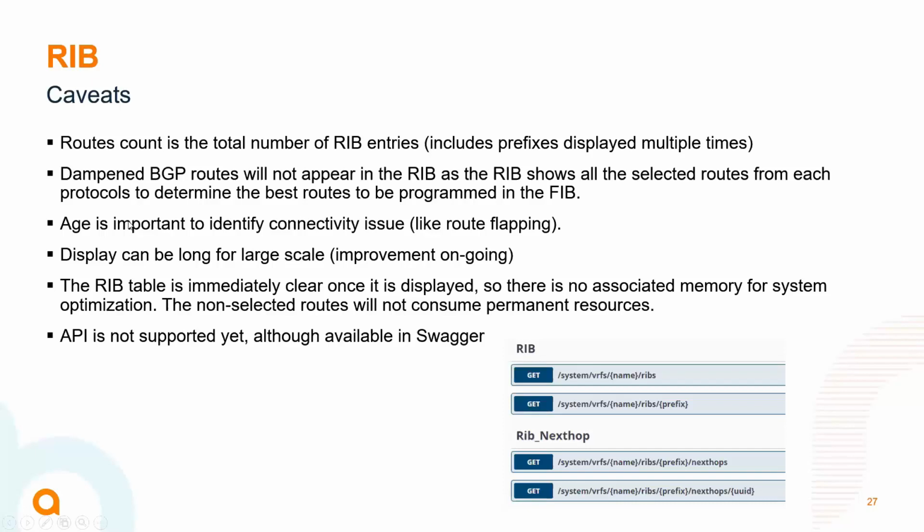A note about large scale: if we have a lot of routes to display, that command might be long. There is improvement ongoing to reduce that time to display the show IP RIB. When we do a show IP RIB, the table is constructed live.